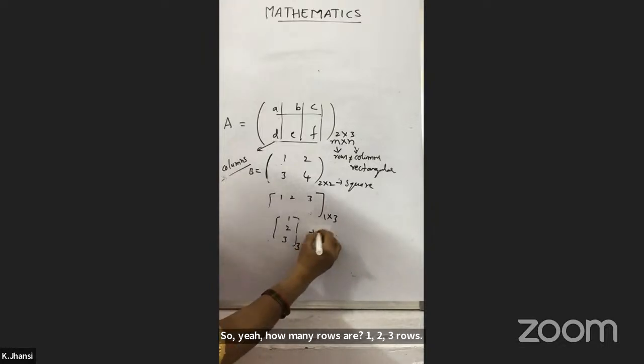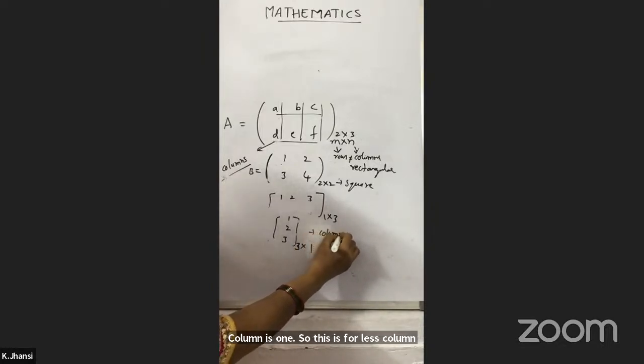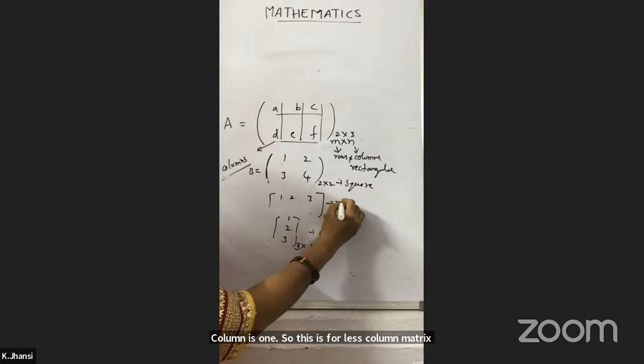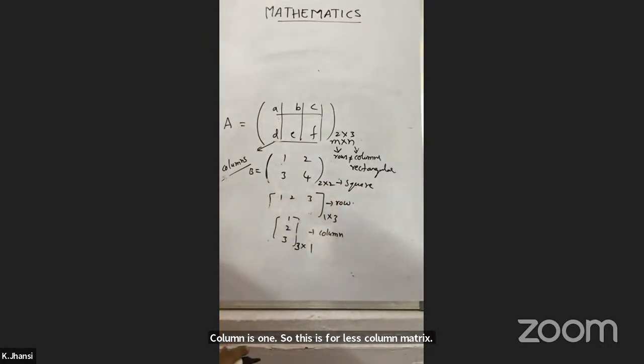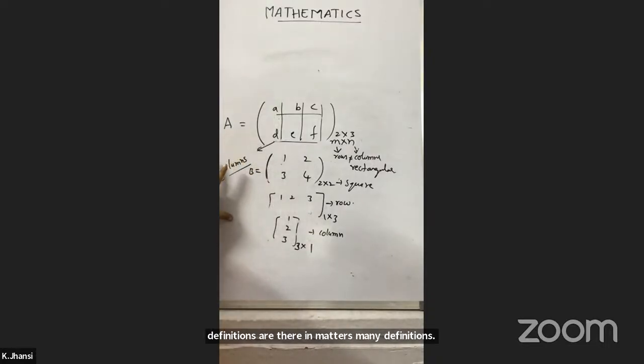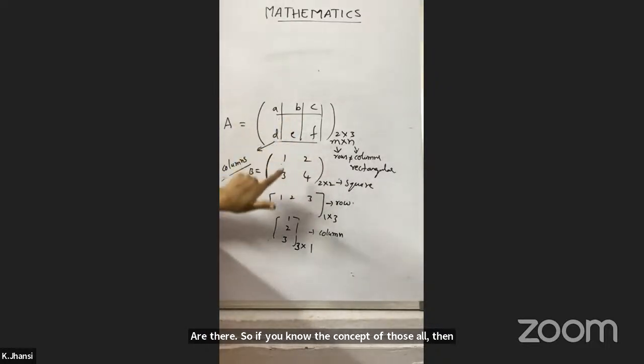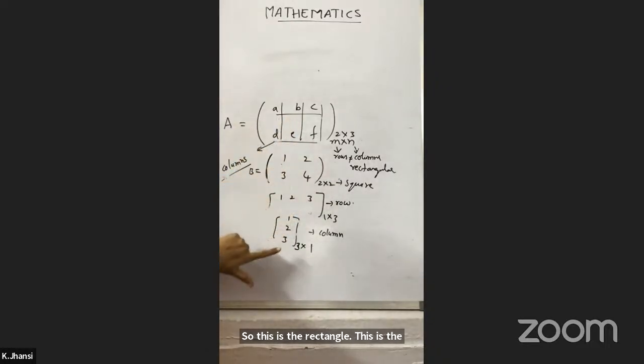So this is called a column matrix. And this is called a row matrix. So different definitions are there in matrices. Many definitions are there. If you know the concept of all those, then you can solve the problems easily. So this is the rectangular, this is the square, this is the row, this is the column matrix.